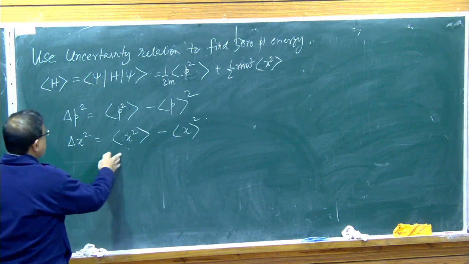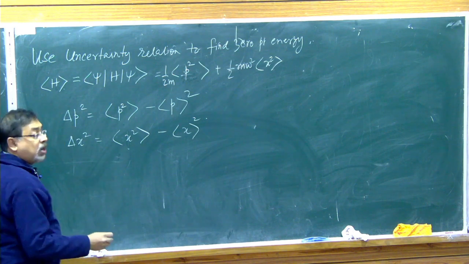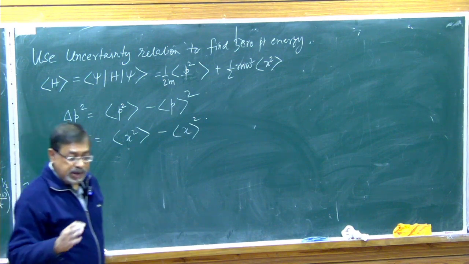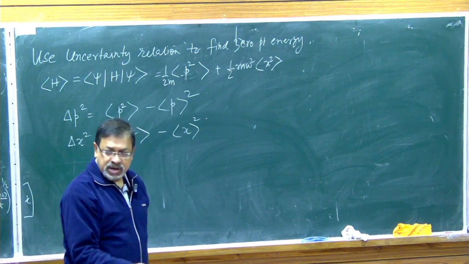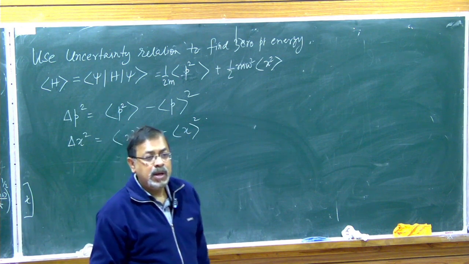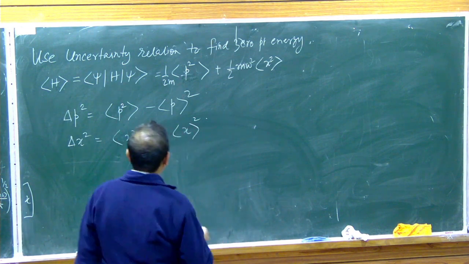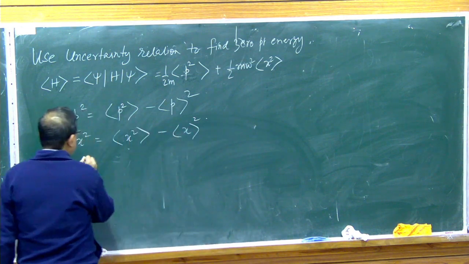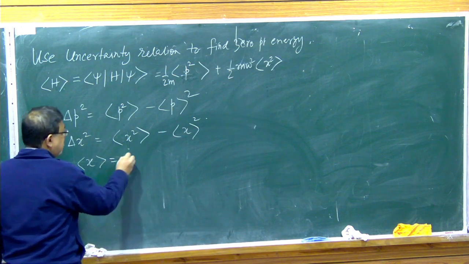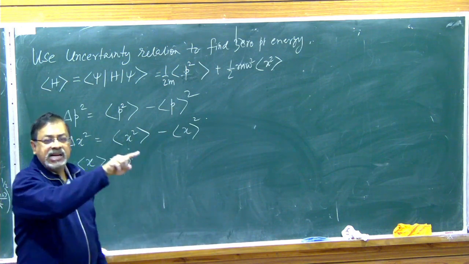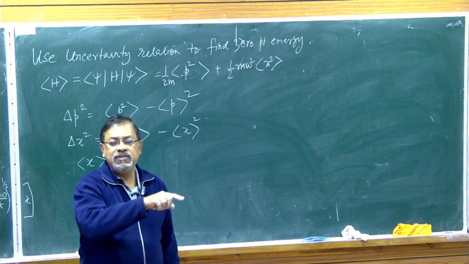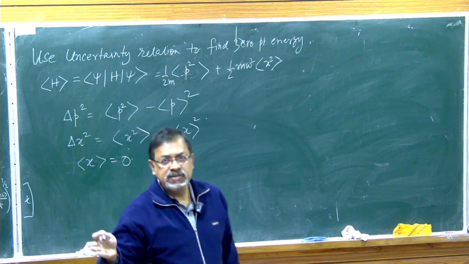It is quite clear to see that for the harmonic oscillator, because it's symmetric about x equal to 0, the expectation value of x will be equal to 0, which is easy to understand, because the particle is likely to be either on the negative side of x or in the positive side.